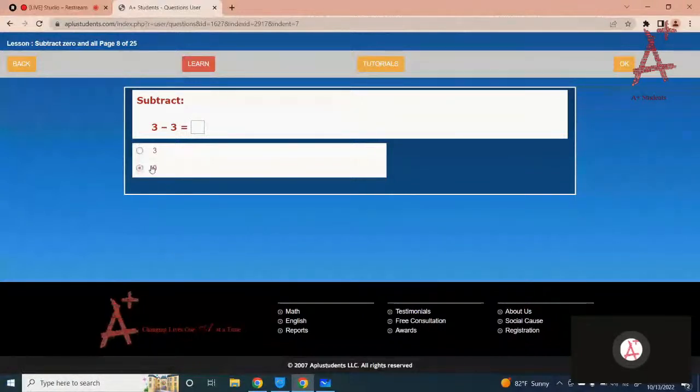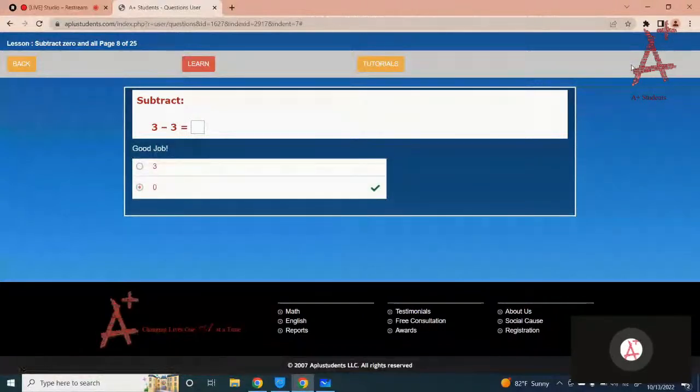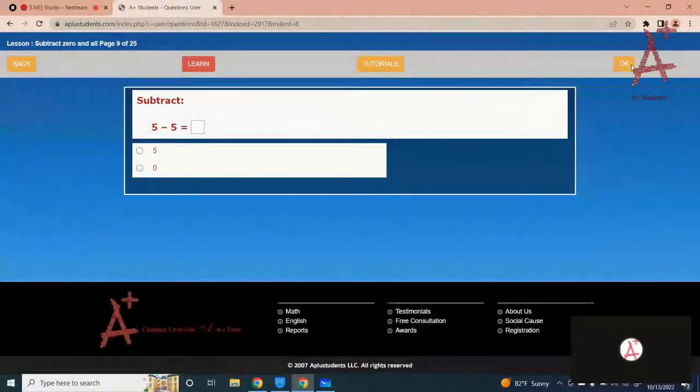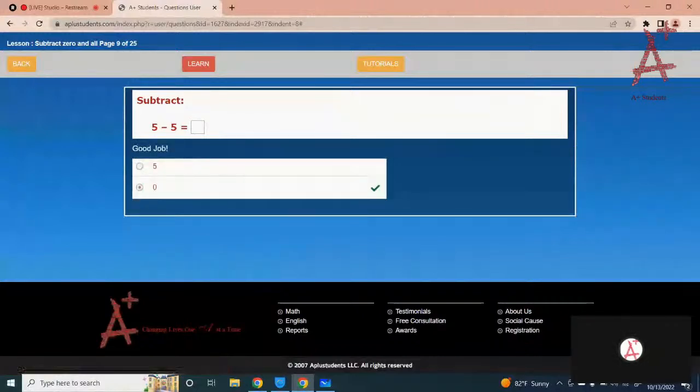So the correct option is 0. Select the correct option and click on the OK button. Okay, 5 take away 5 is 0. Got it? Select the correct option and click on the OK button.